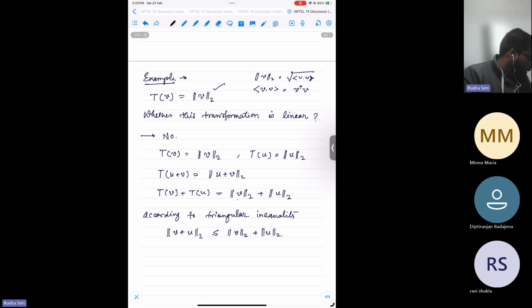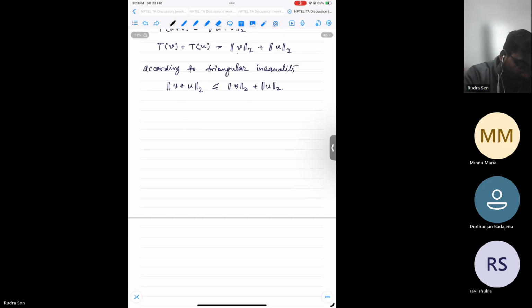But let's say we do a rotation. Let's say I have a vector something like that.